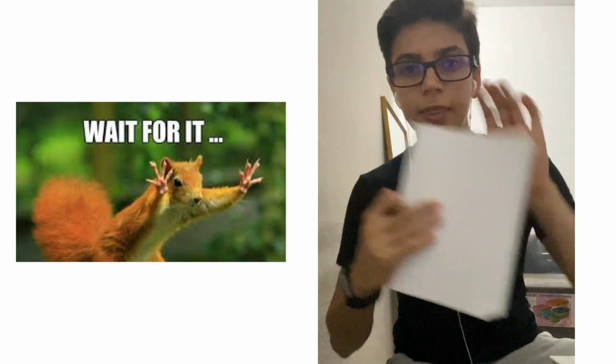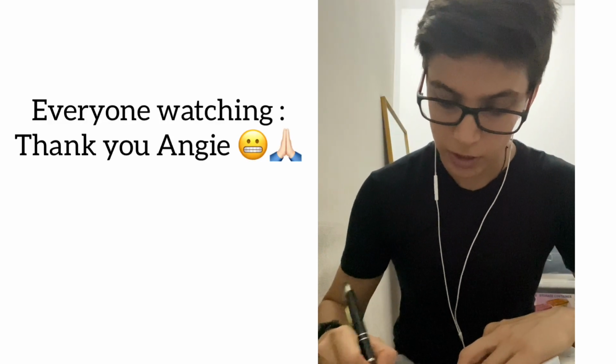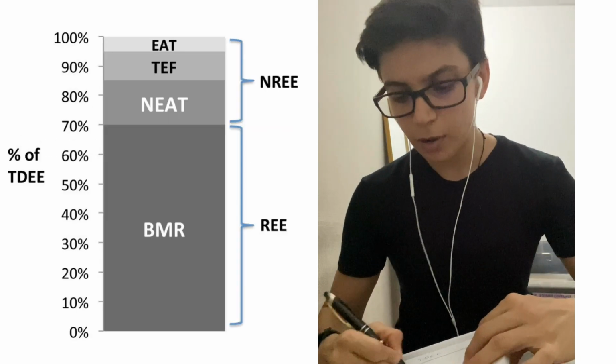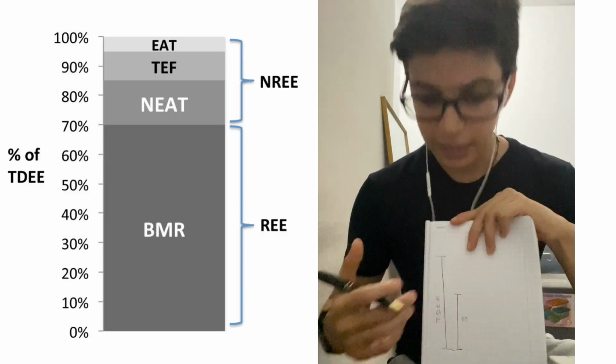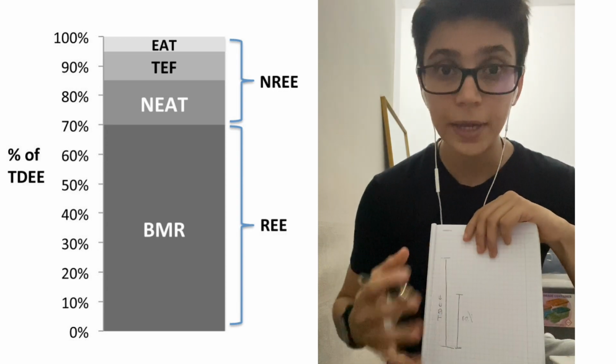Basically, I'm going to do a quick drawing here. So, TDEE. This line over here is your total daily energy expenditure. This bit here, so I'll put up a better graph on the side, but it's roughly about 55 to 70%, let's say 60%, is called your BMR.